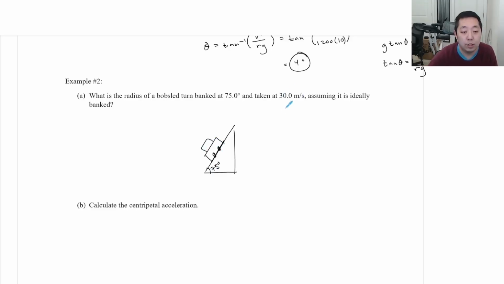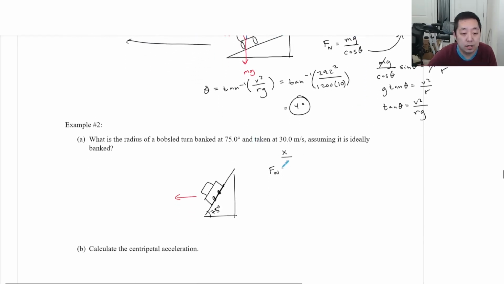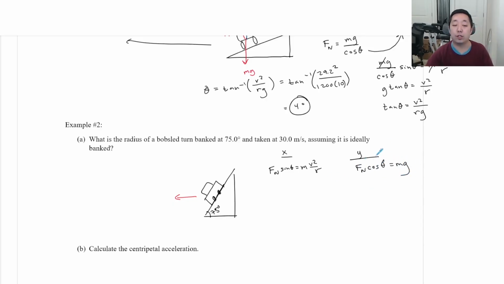What you should get in the x direction is that Fn sine theta should equal mv squared over r, and in the y direction you should get Fn cosine theta is equal to mg, because in the y direction the acceleration is 0.